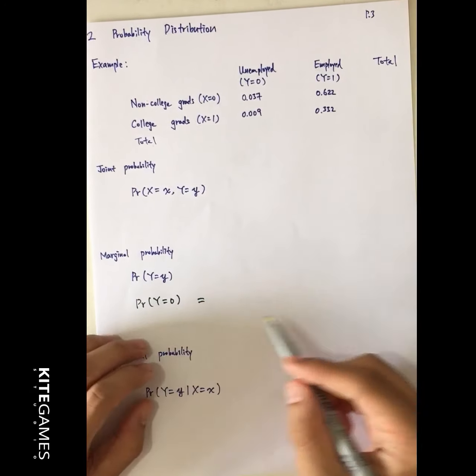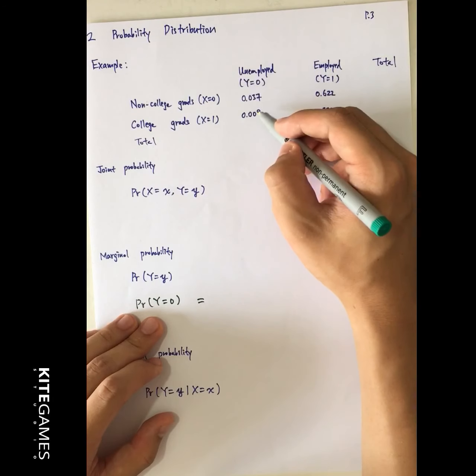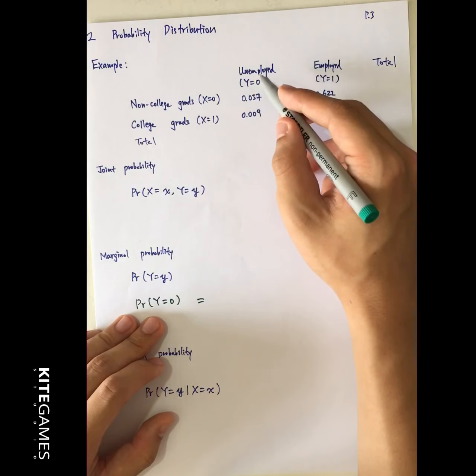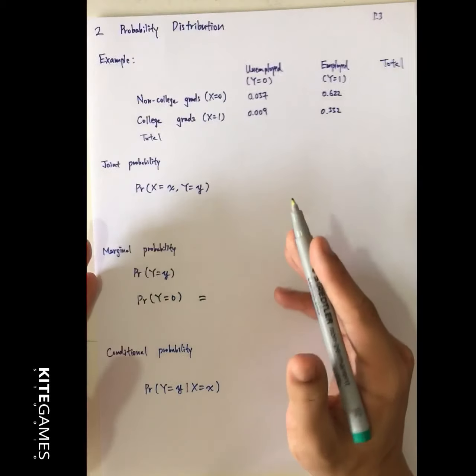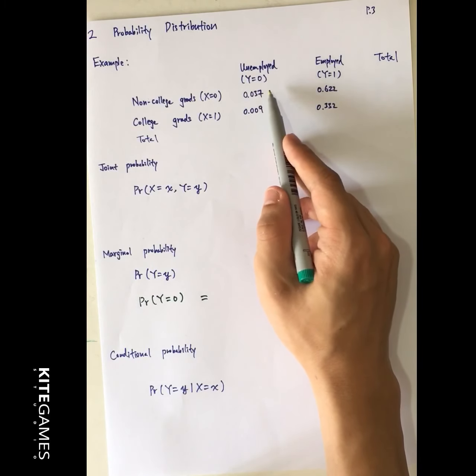First, where is y equal to 0? y equal to 0 is here. y equal to 0 means unemployed. So the probability that y equals 0 means: if I pick one person, what is the chance that we get y equal to 0?